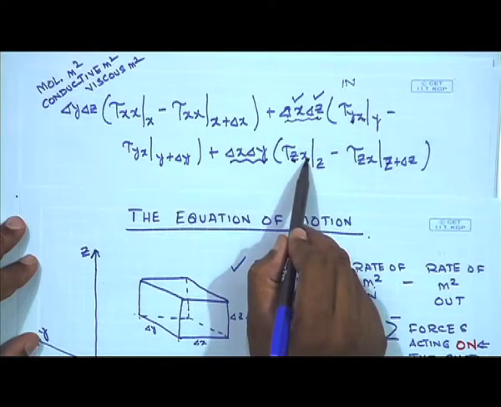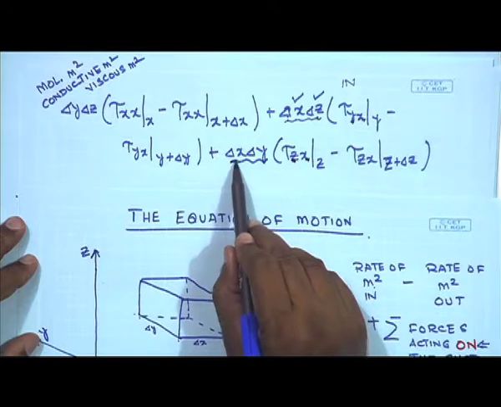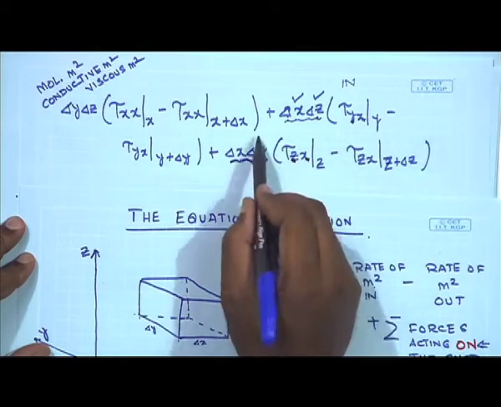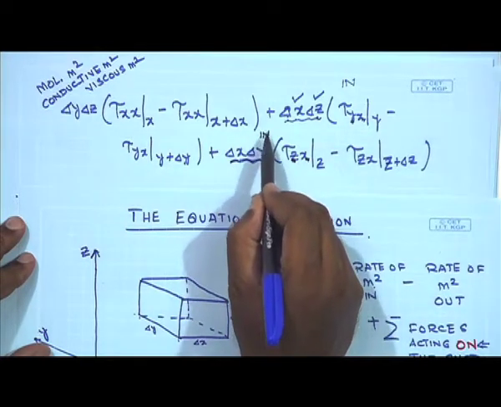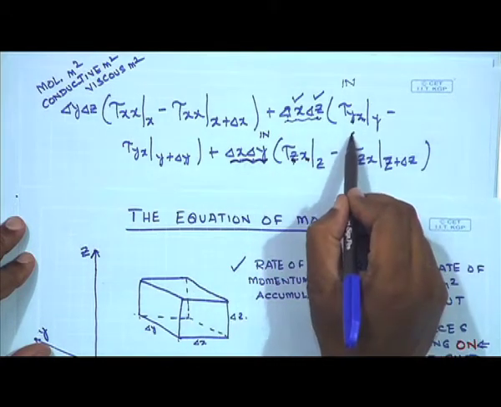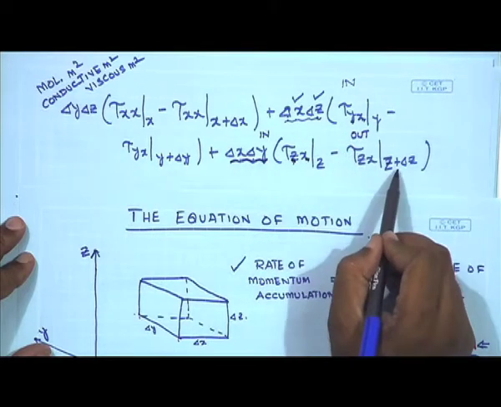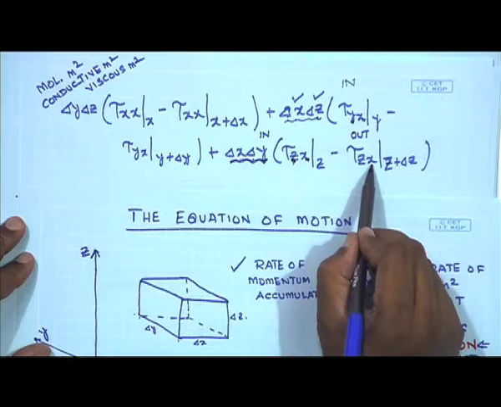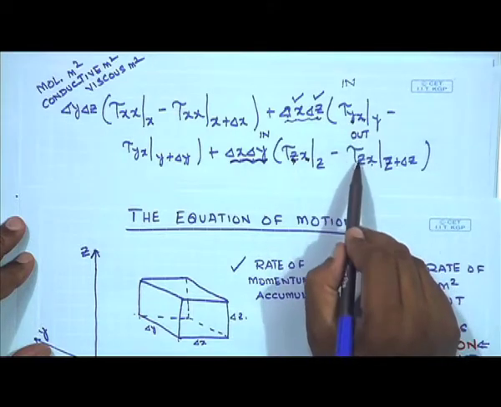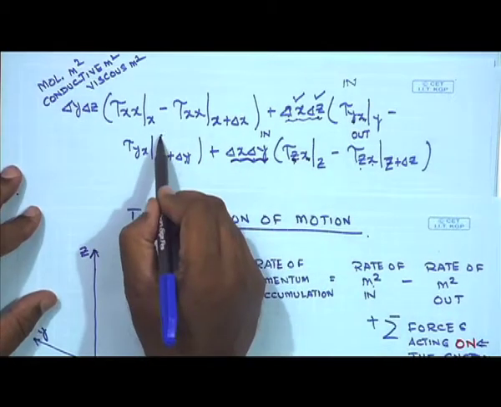So, this gives me the rate of viscous momentum in through the z phase, and this is the rate of x momentum getting out of the z phase. So, these are the in and out terms.